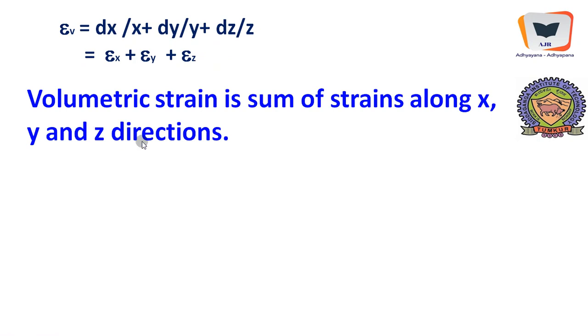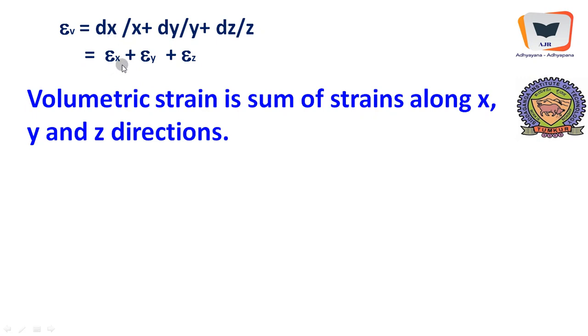Therefore we have proved that volumetric strain is the sum of strains along x, y and z directions. Later we will come to understand that this is not simply an arithmetic sum, it is actually an algebraic sum, because here epsilon x, epsilon y and epsilon z are the net result of strain along each direction.